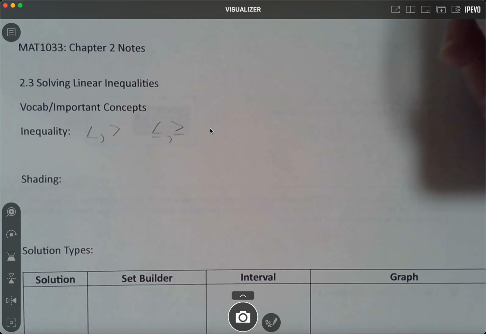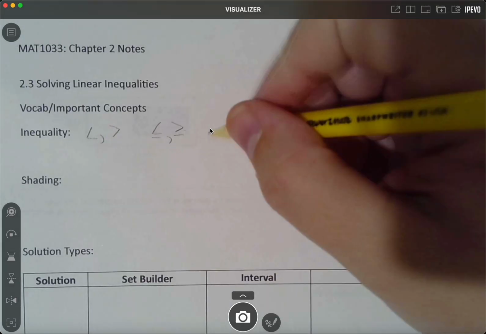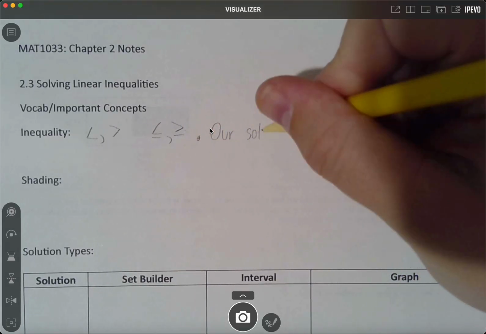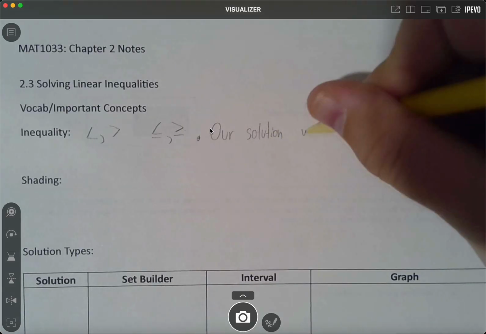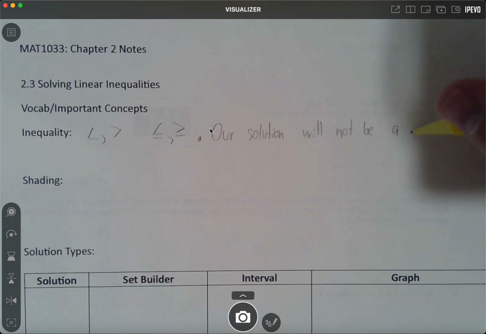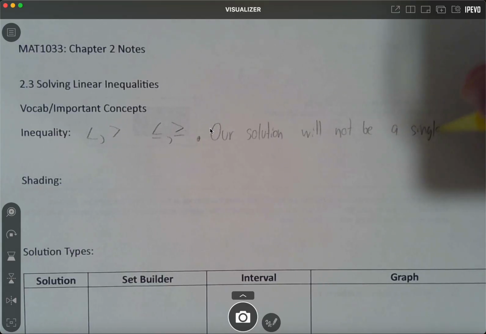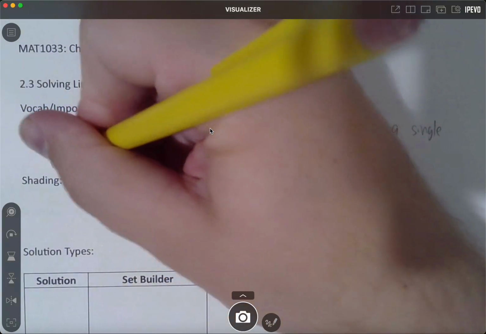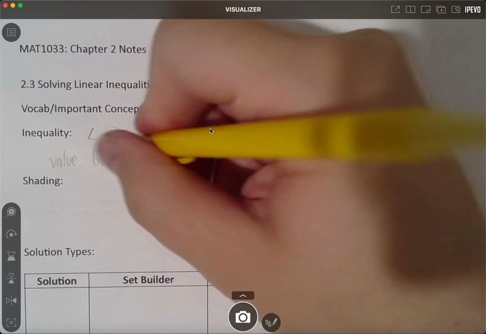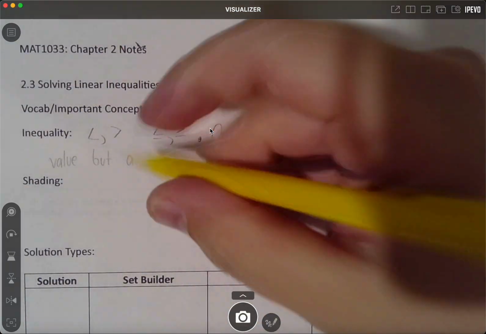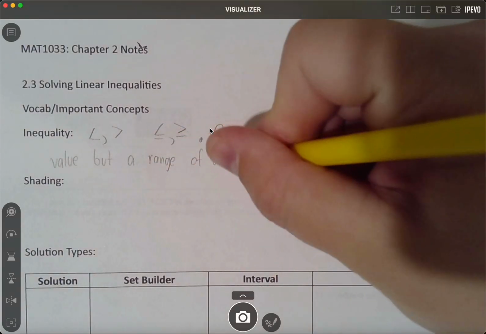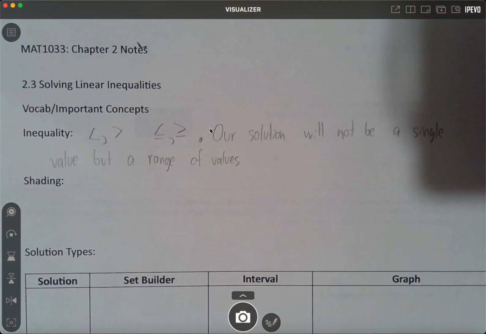These inequalities mean that, if we want to say it really simply, our solution will not be a single value, but a range of values. So there's multiple solutions for inequalities, usually.